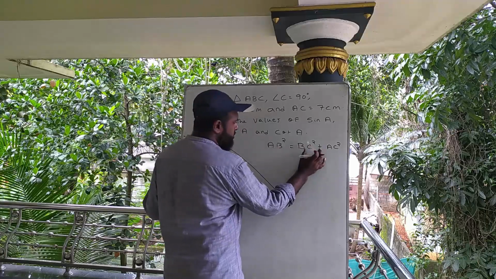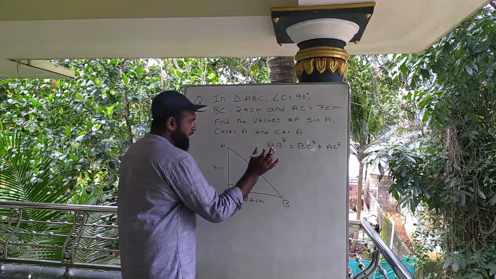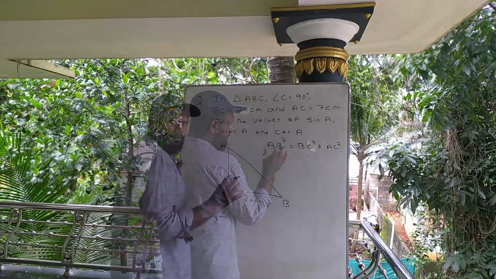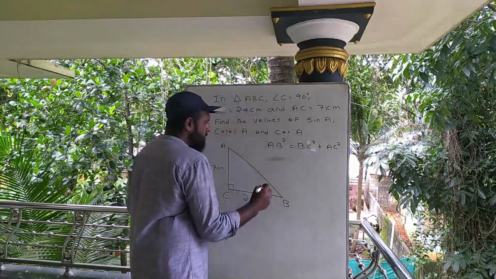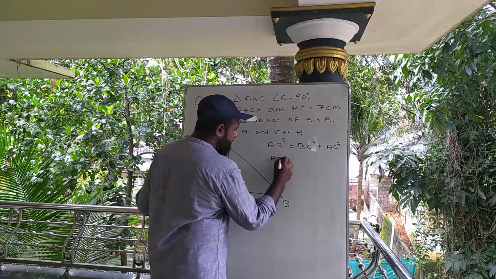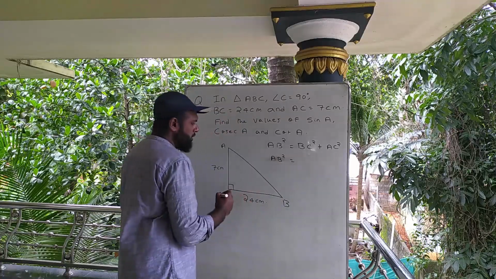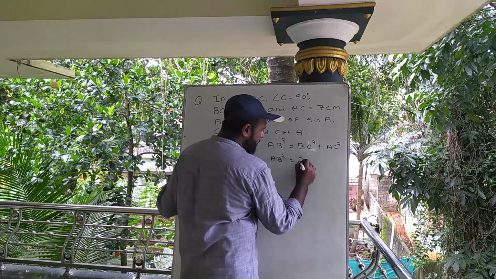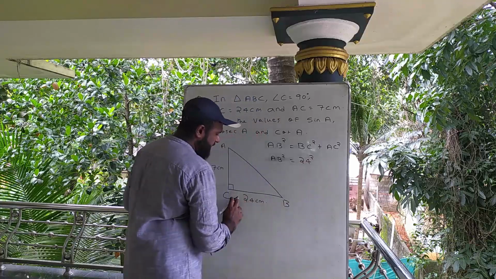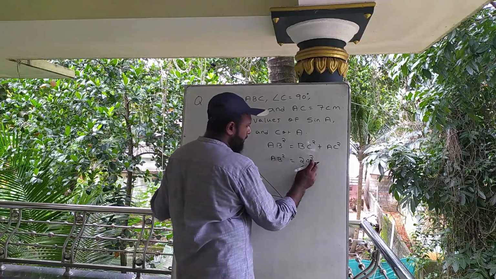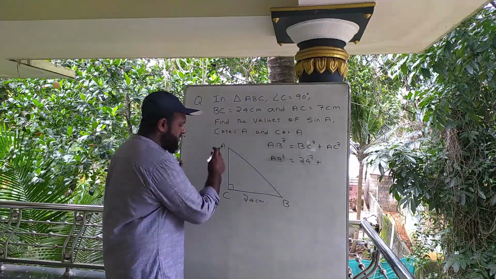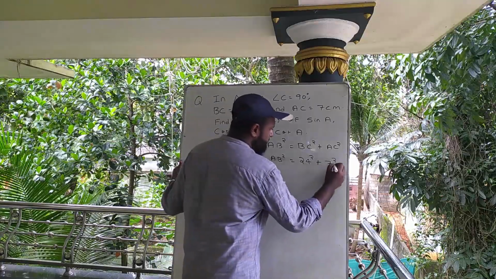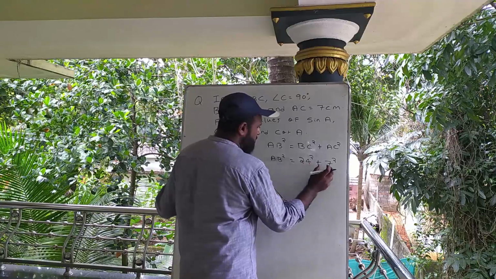We don't know the value of AB, so we write it as AB square equal to BC square, that is 24 square, plus AC square, that is 7 square. AB square equal to 24 square plus 7 square.